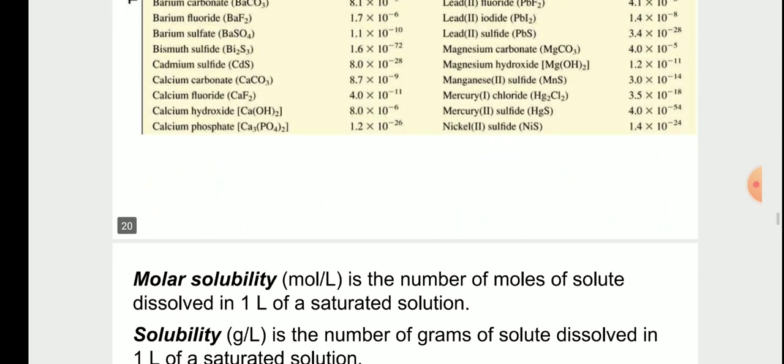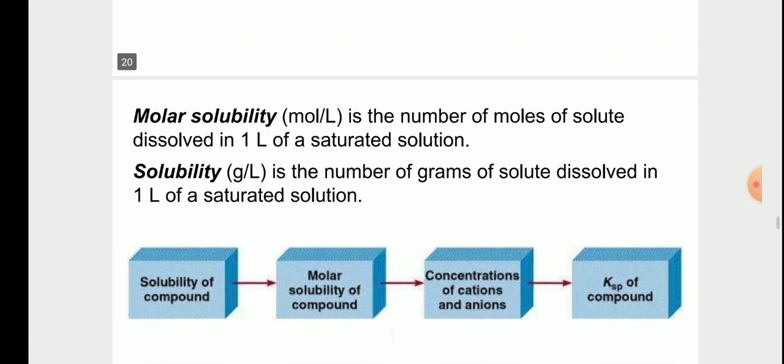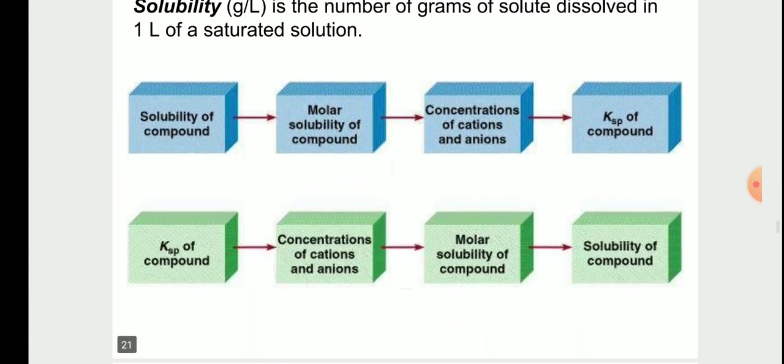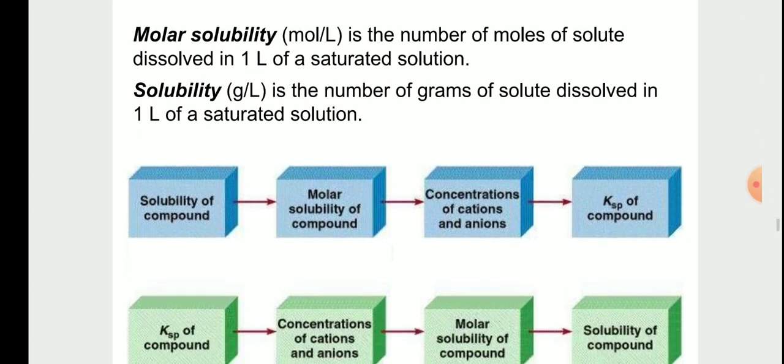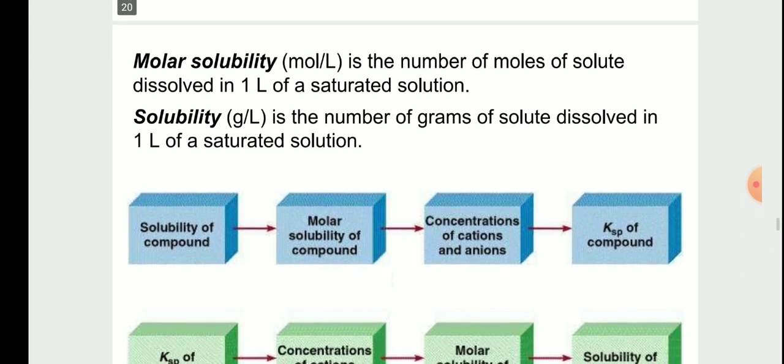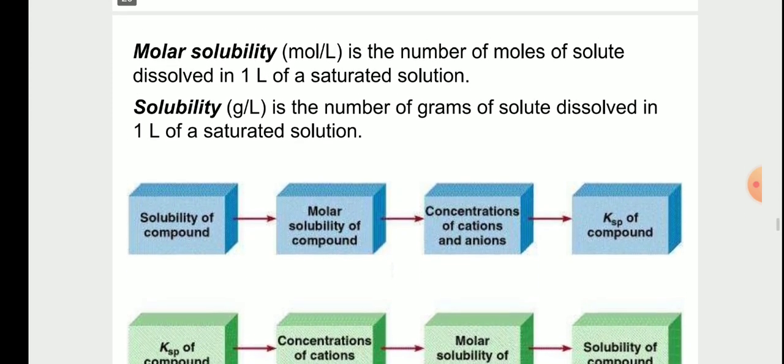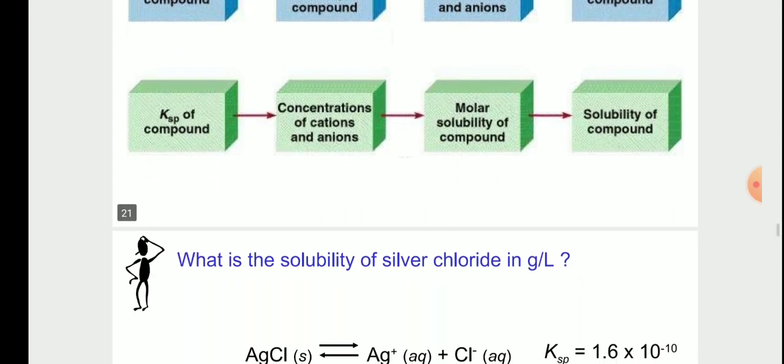So there will be lots of salts and their Ksp values. If I go to the example, solubility and solubility product can be expressed in gram per liter, and molar solubility is expressed in mole per liter.